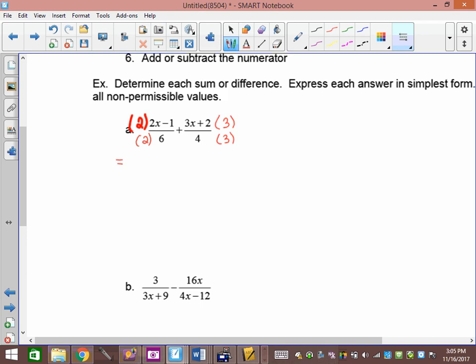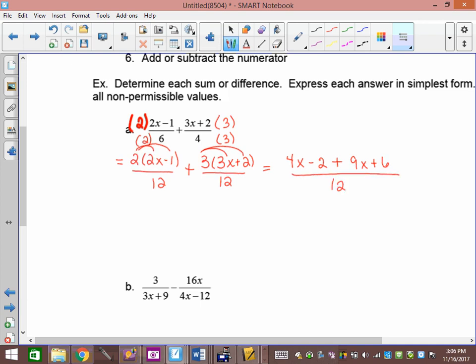So we're going to get 2 times 2x minus 1 over 12. You don't have to show this step, I just am. 3 times 3x plus 2 over 12. And then it equals 4x minus 2 plus 9x plus 6, because you have to distribute, all over 12.